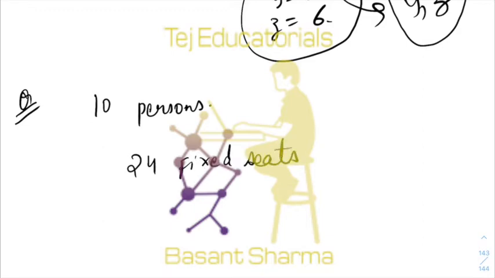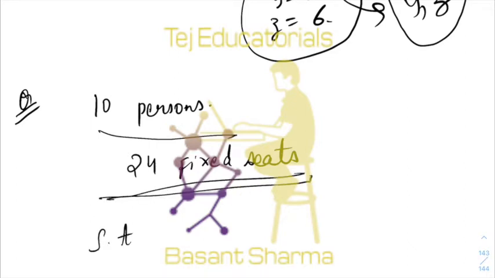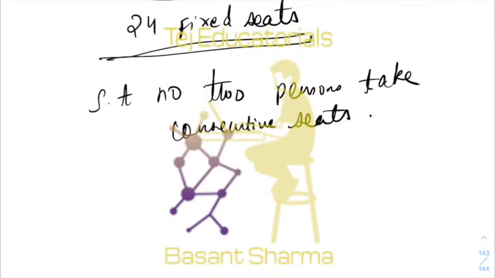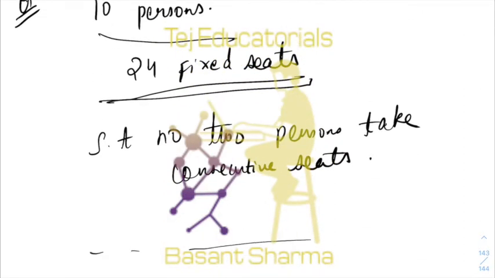Now the question is, in how many ways can these 10 persons be seated in a row of 24 fixed seats such that no two persons take consecutive seats? So basically you have 24 seats and you want to put 10 persons in these 24 seats such that no two persons take consecutive seats.